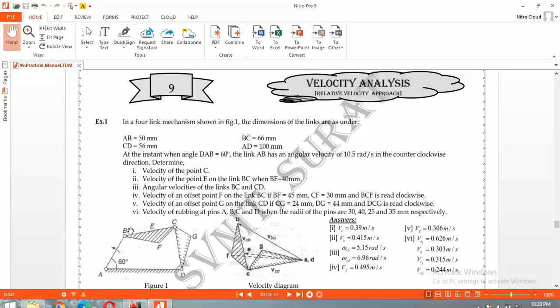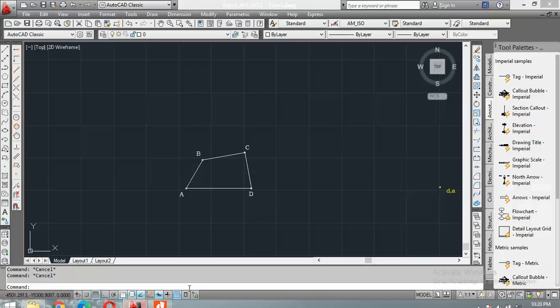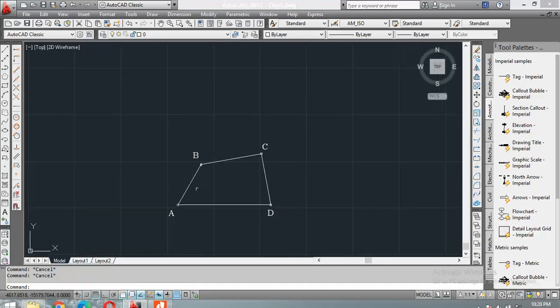Here the angular velocity of the BA link is given. A point is already marked into the velocity diagram, so next we will target B point by considering B point on the AB link.